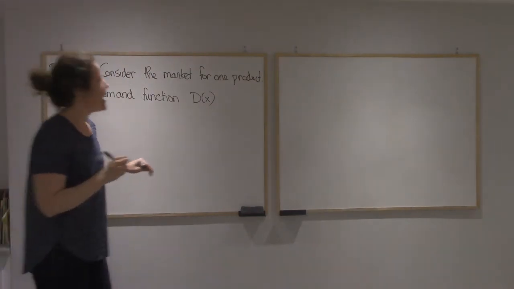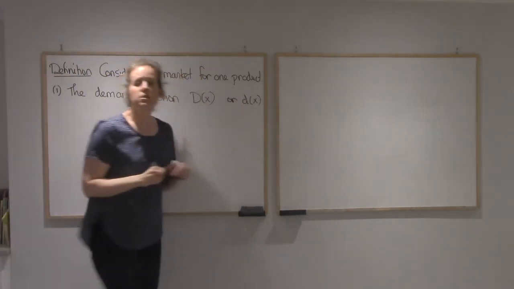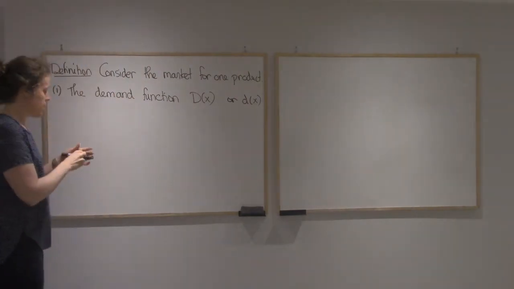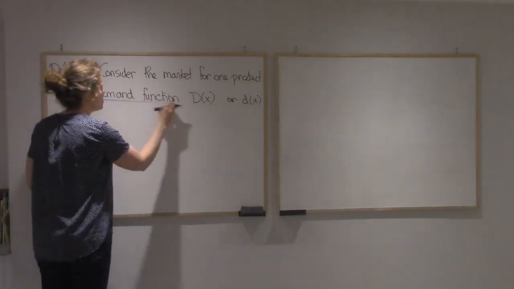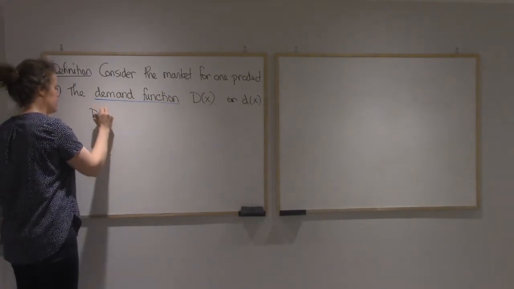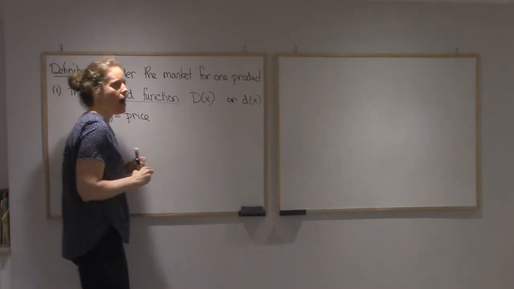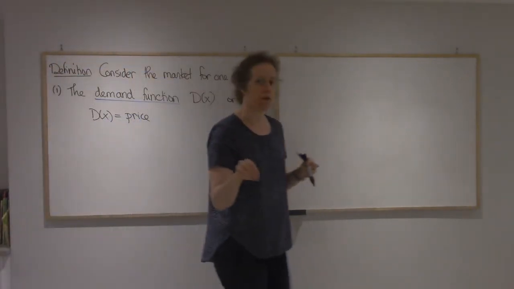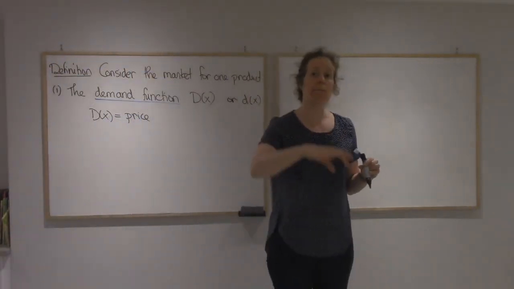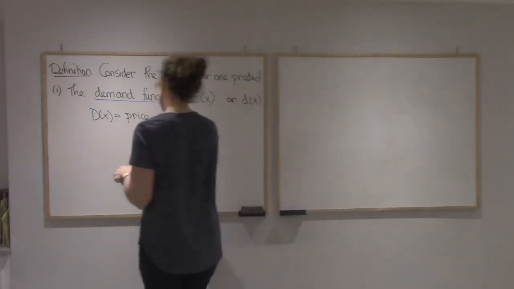Usually capital D of x, sometimes little d of x. So the demand function, D of x, will be the price at which the consumers would be willing to buy x units of your product.